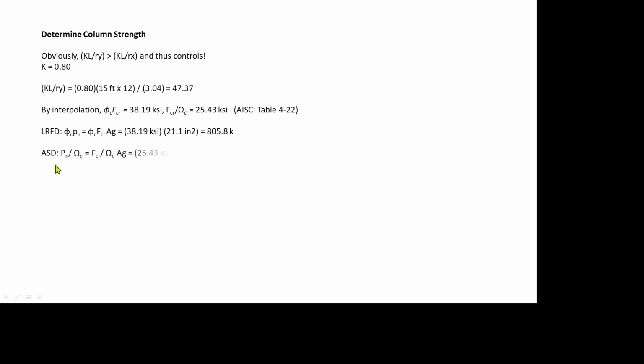For the ASD, Pn over omega, we have 25.43, which we already interpolated earlier, times the gross area of the steel. So we will have 536.6. This is our governing load for the column.